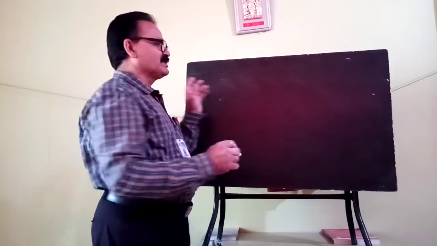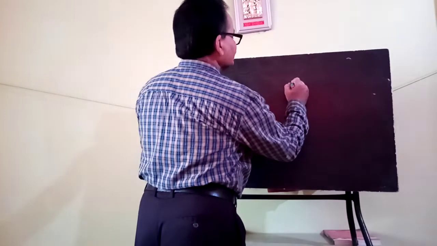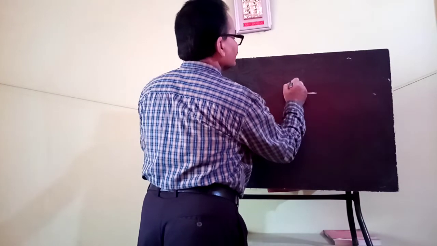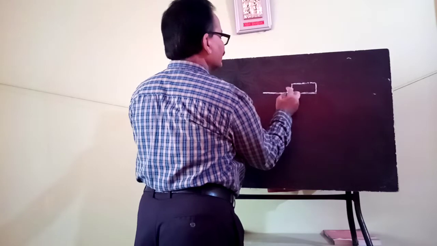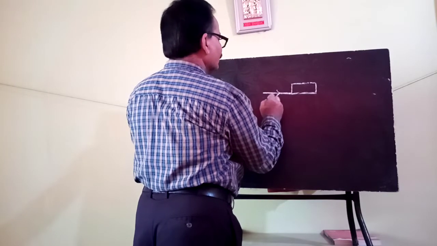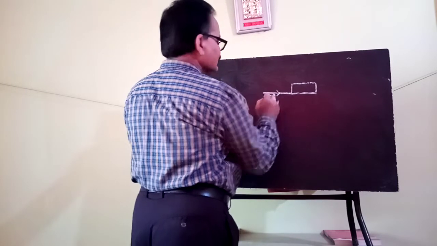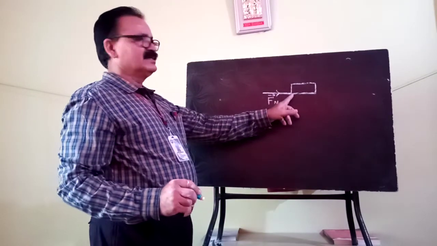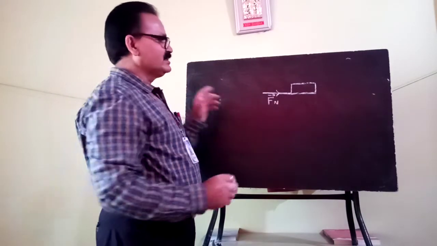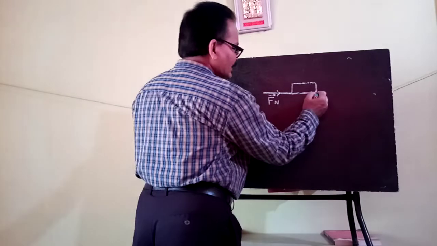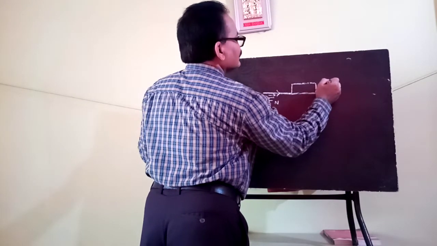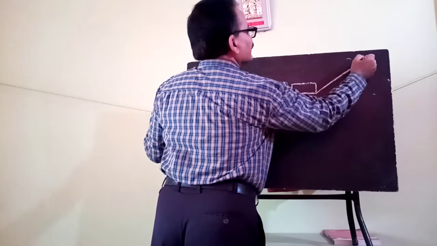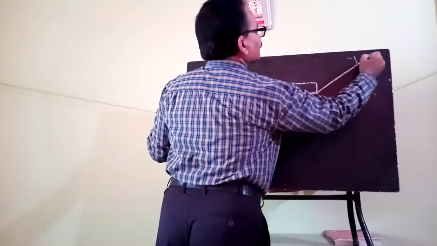the point of application of force, suppose this is a body and a force acting on that body. F Newton force is acted upon this body and the body gets displaced along the direction of force or by making an angle.